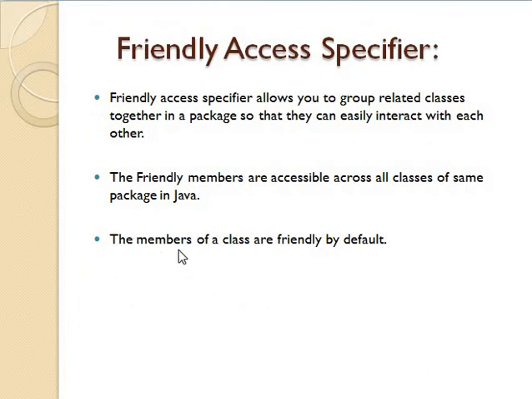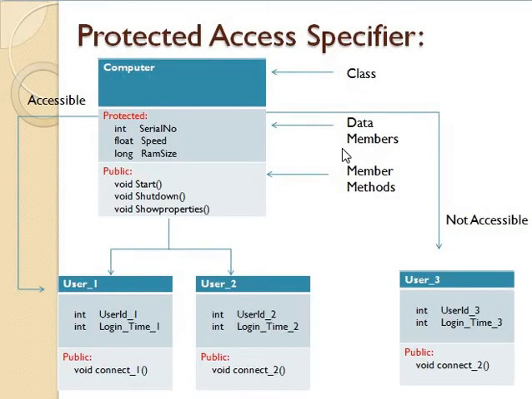Now let's come to the third point. The members of a class are friendly by default. Now if you look at this figure, the data members serial no, speed and RAM size were declared of type protected as the access specifier for the class called computer.